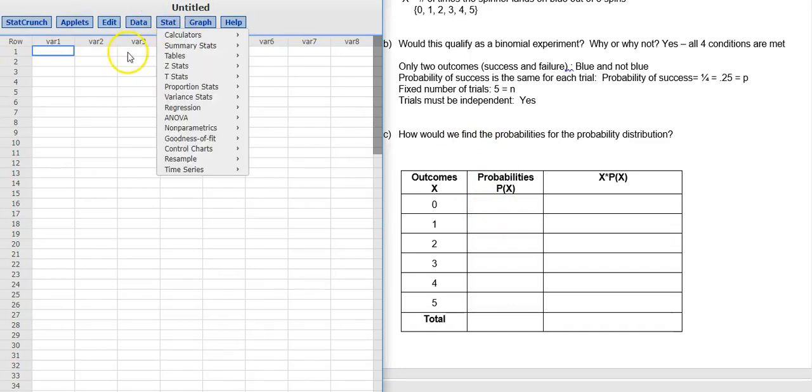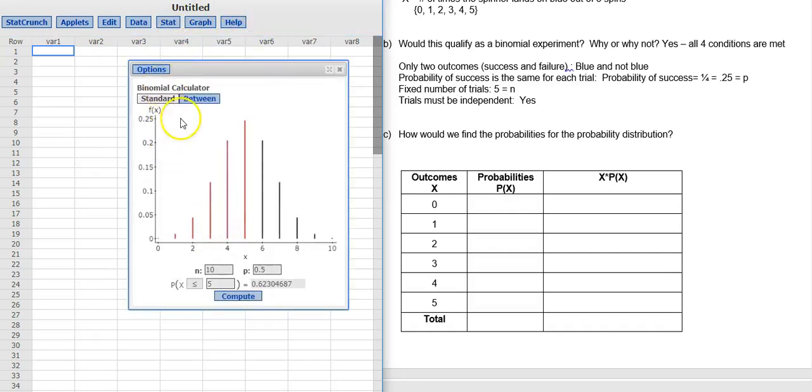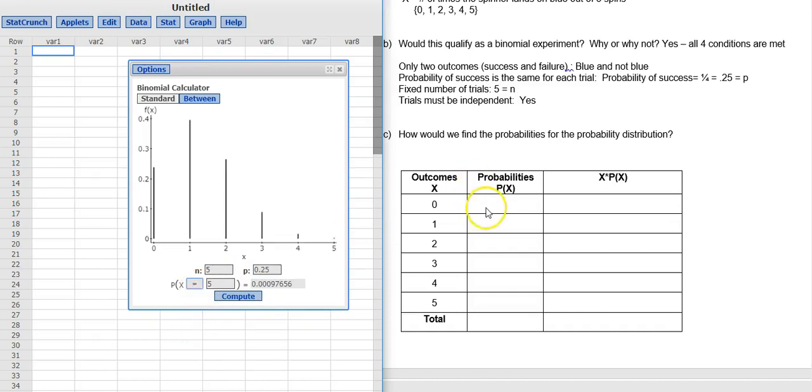In StatCrunch, I just have a blank data editor open, and I'm going to Stat, Calculators, and Binomial. For this, we need to put in the number of trials, which is the n, so that's 5, and then our p, the probability of success on each trial, which is 0.25. To fill in this table, we want to use an equals here.